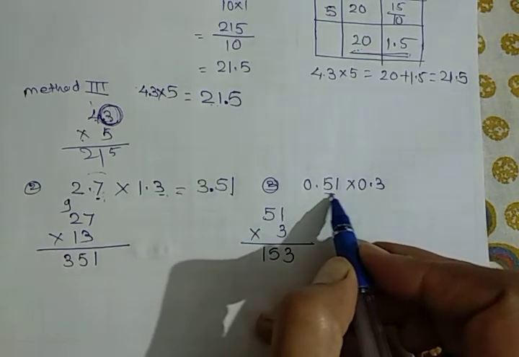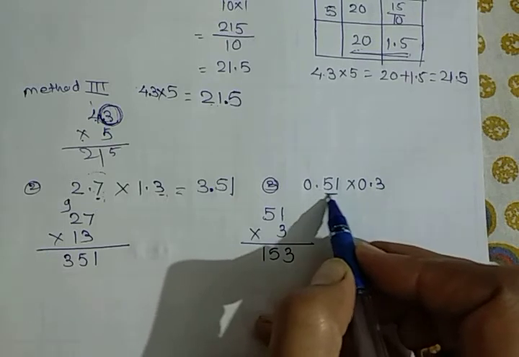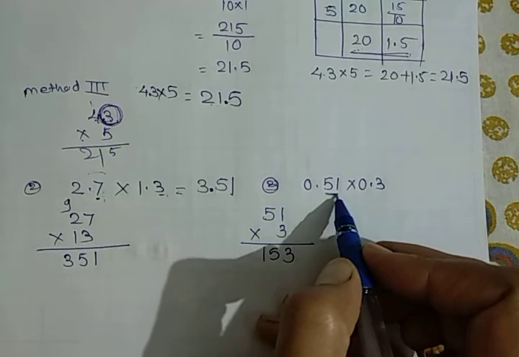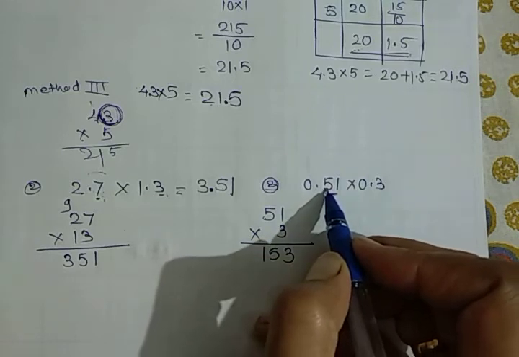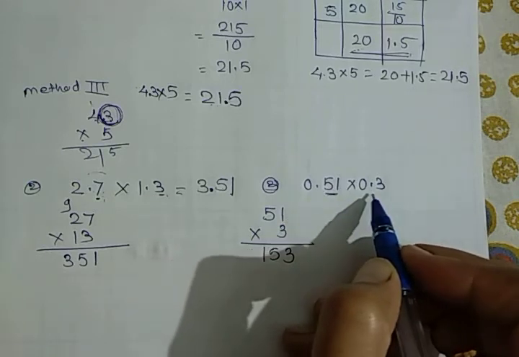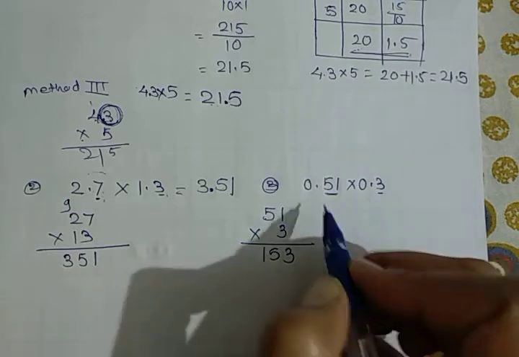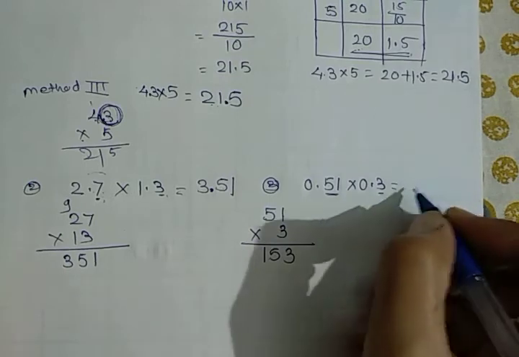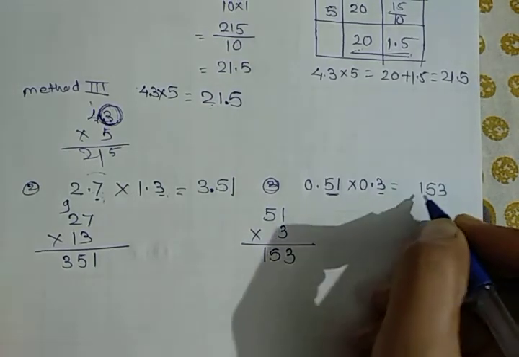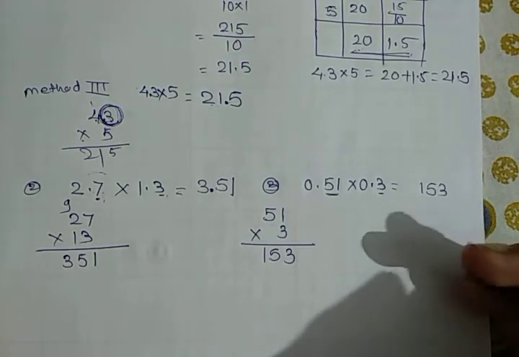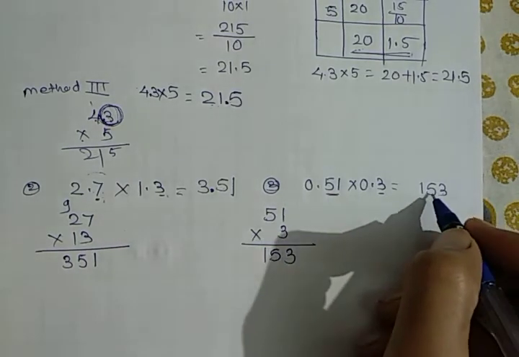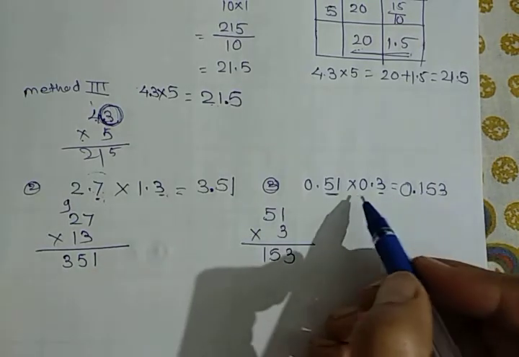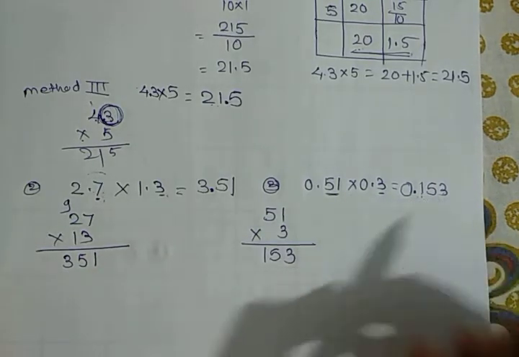Here 2 places are there to the right side of the point. Okay. So here are 2 digits, and in this number there is 1 digit. So total digits are 1, 2 and 3. So write down the answer 153. Okay. And leave 3 places from the back side, that is 1, 2 and 3. Place the point here. Here there is no number, so take 0 here. So the answer is 0.153.